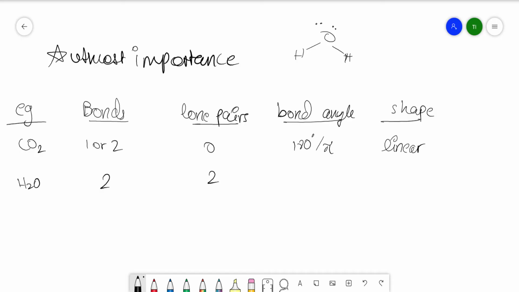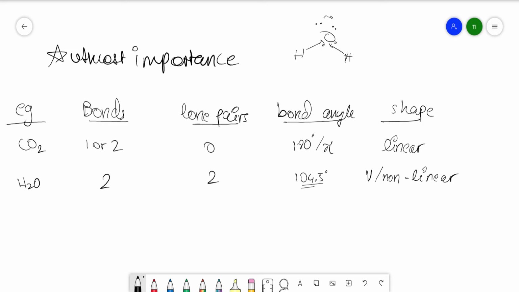And therefore, this has more of a bent shape because the bond pairs here and here face a repulsion, and there's also a repulsion between these two lone pairs, and therefore the shape is a bit bent, and therefore the angle formed is 104.5 degrees. I'll get to why this is 104.5 degrees in a bit. And the shape formed is V-shaped or non-linear. Either is acceptable.